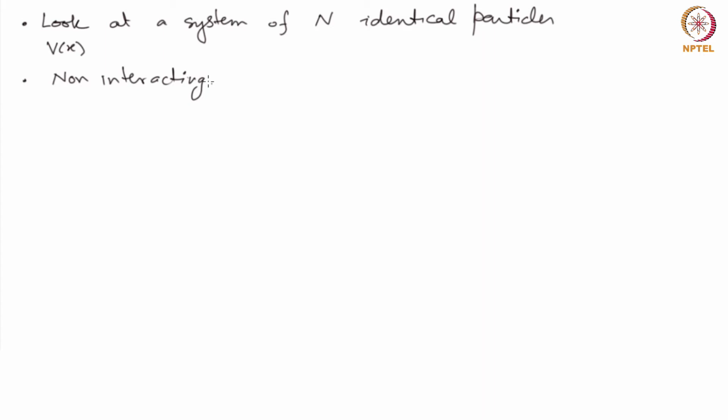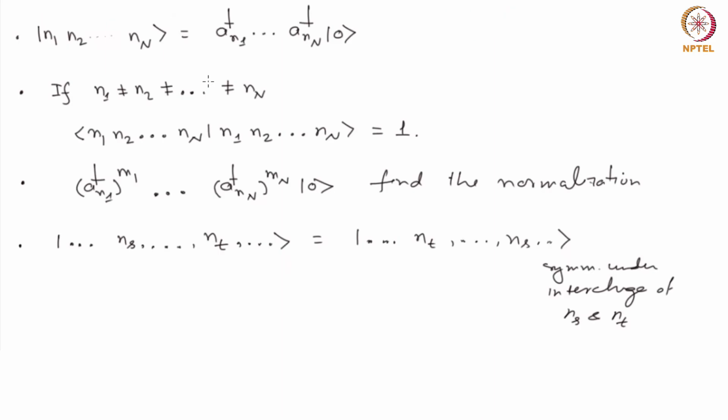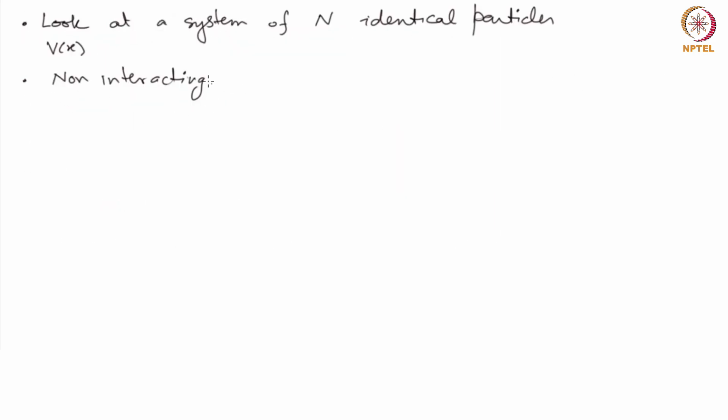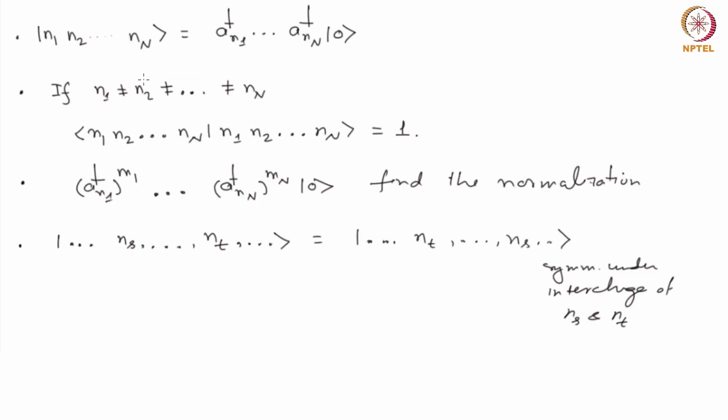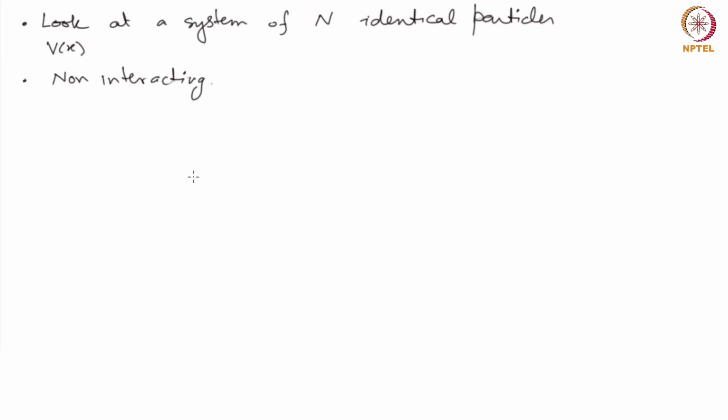Now I want to look at this system, and I will show eventually that the system that we were discussing earlier, this one and this one, are equivalent. So these are equal, at least as far as this system is concerned, whatever you find here, you would find in the previous description also. That is the plan.